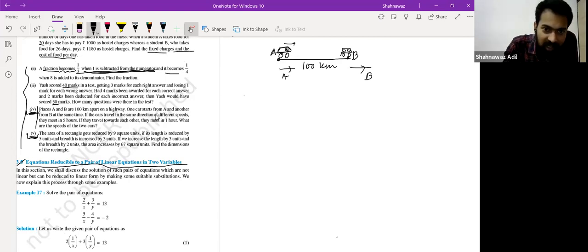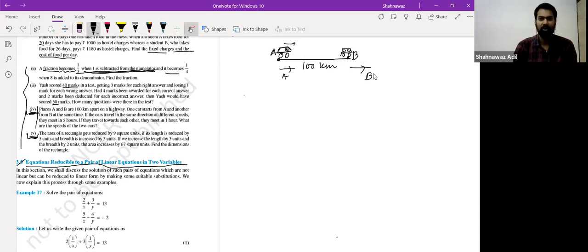Okay, so what does happen? If the cars travel in the same direction at different speeds, they meet in 5 hours, right? Obviously, when they are moving in the same direction, they will have to chase one another, right?